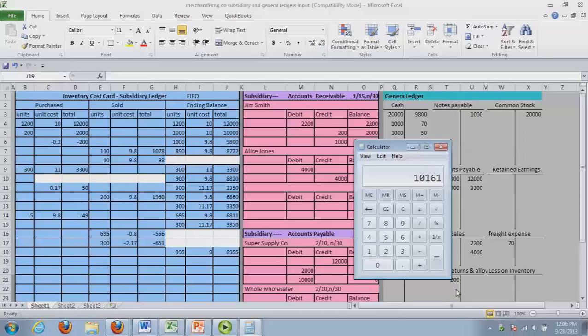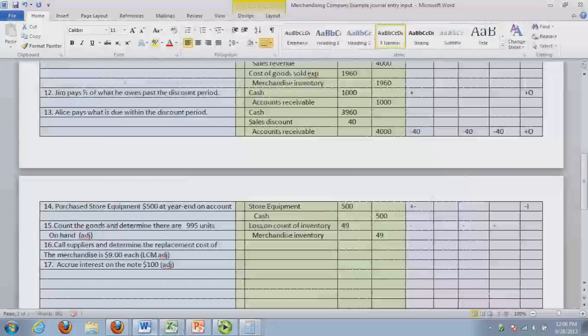Then I'm going to subtract the 89.55, which is what we're going to have, and so $1,206 is what I want for the journal entry. So let's go back. So this is really a lot of detail. But once we get past inventory, we won't have this much, thank goodness.